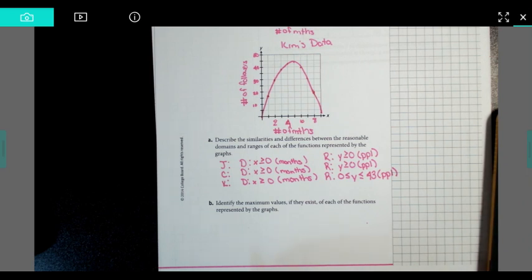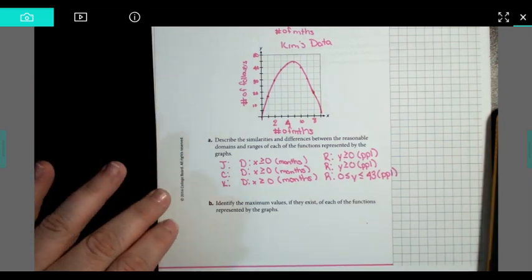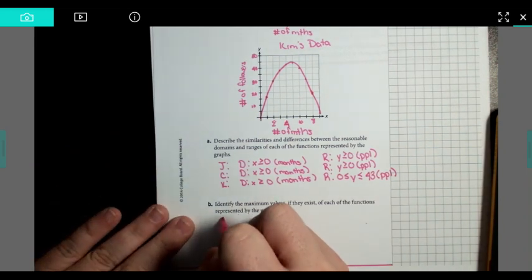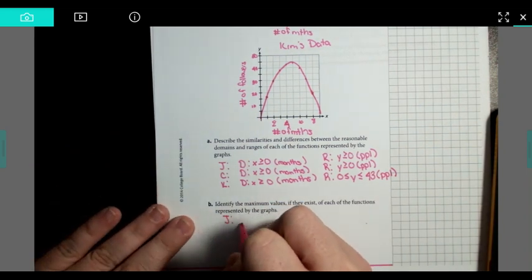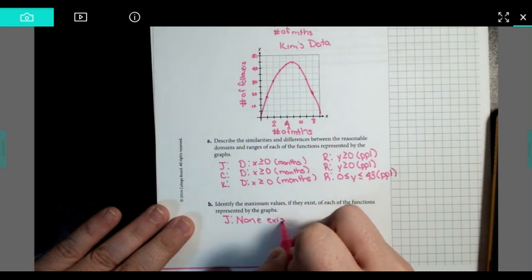B. Identify the maximum values, if they exist, of each of the functions represented by the graphs. Well, Cheyenne's data and Jenna's data did not have maxes. They kept going. So Jenna's none exist.